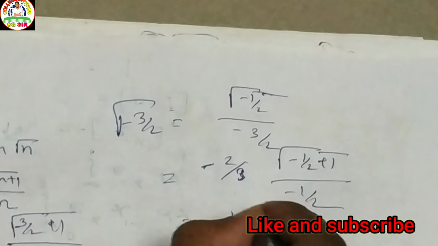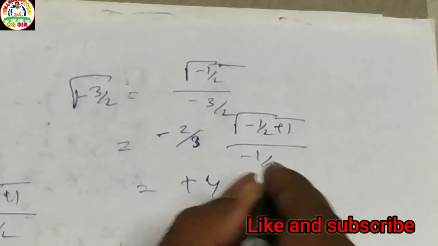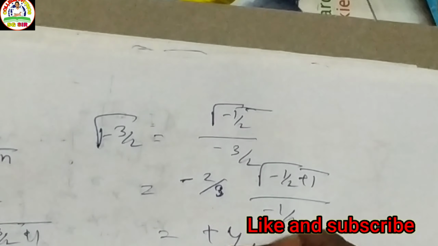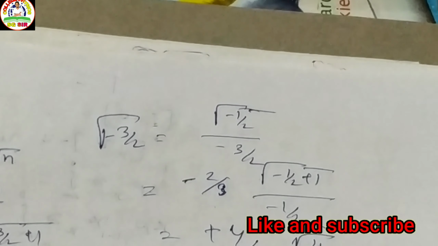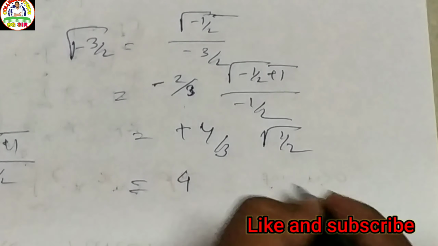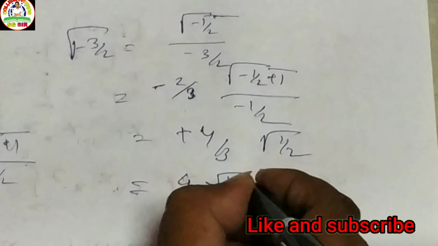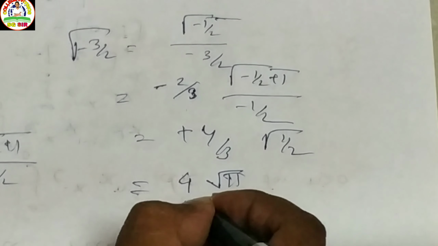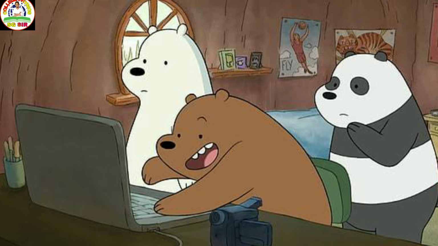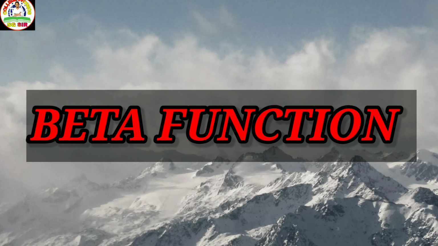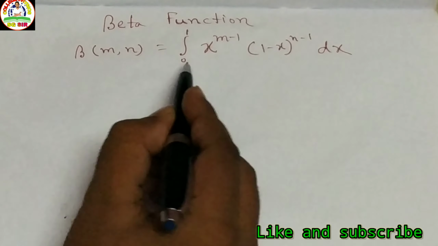So we get 4 by 3 gamma of half. Gamma half is root pi, so we get 4 root pi by 3. This is the answer.